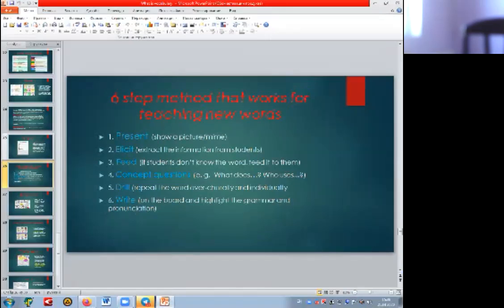opinions of the students. What do you think acquisition is for you? And the third one is fit. If your students don't know, the teacher will give a clear definition and concept questions. By giving different kinds of questions using this word, you will ask the students what this word means or how it can be used.